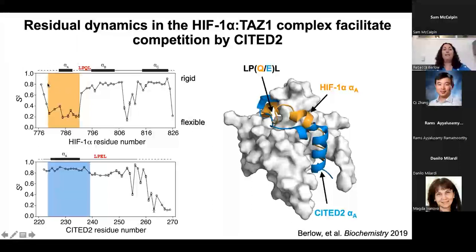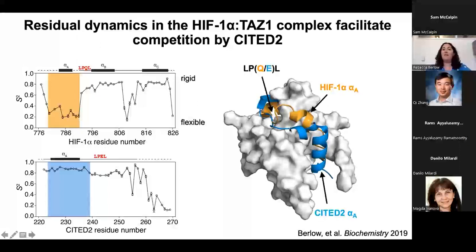But there was an N-terminal helix, termed the alpha A helix, that is actually quite dynamic in its complex with TAZ1. And the reason that this was most notable is that alpha A, as I'm showing here on the right-hand side, occupies a partially overlapping region of TAZ1 that Cyted2 alpha A would also need to interact with.